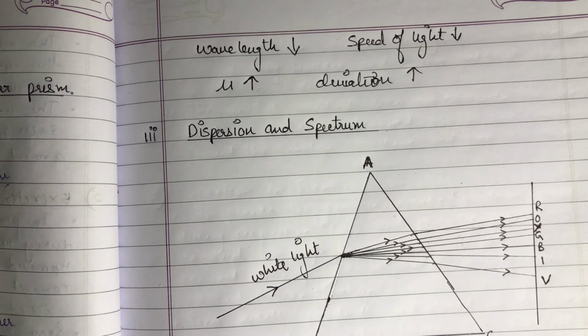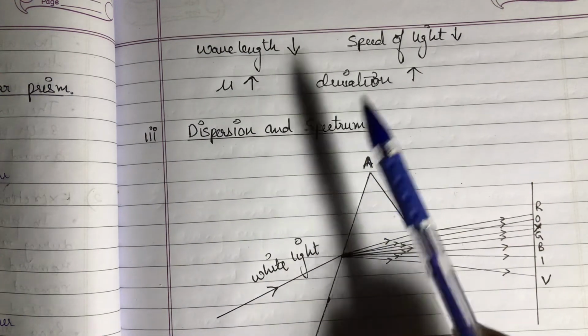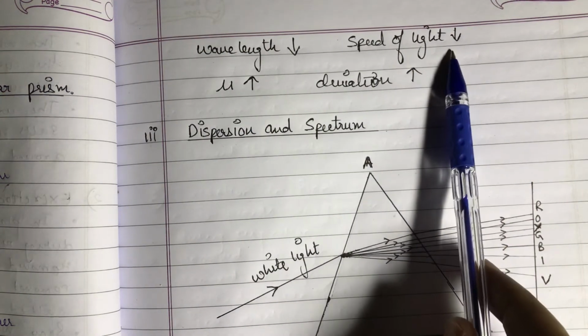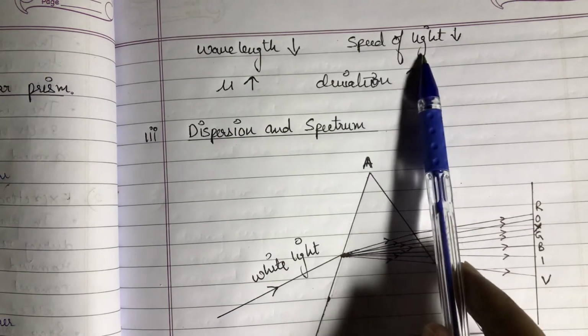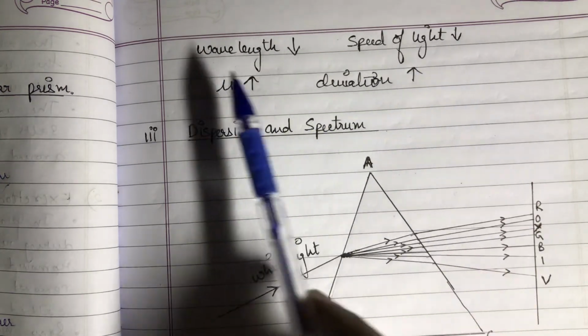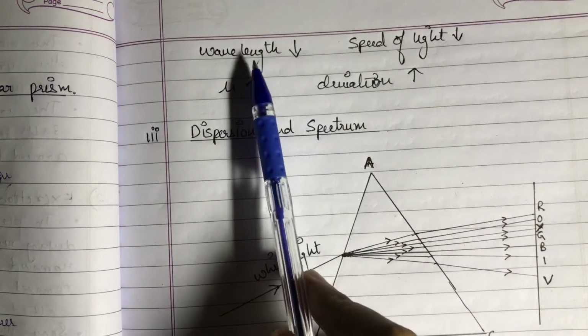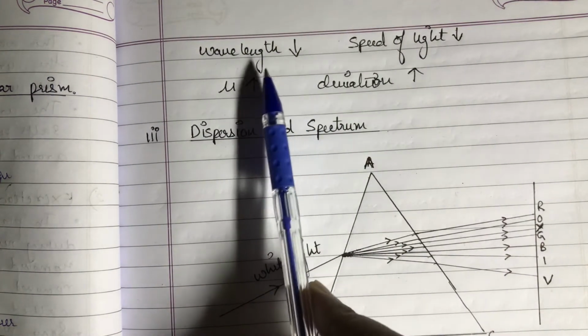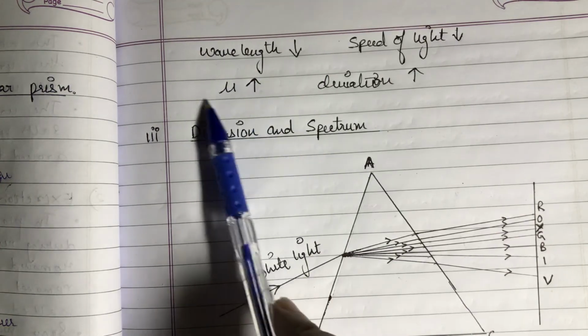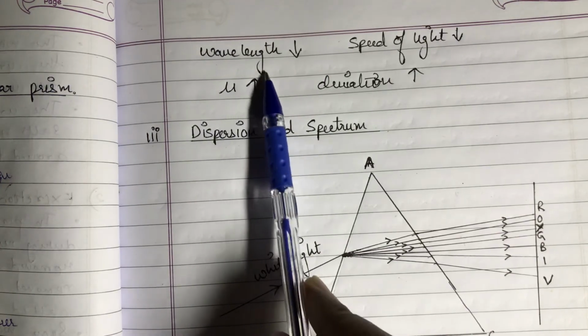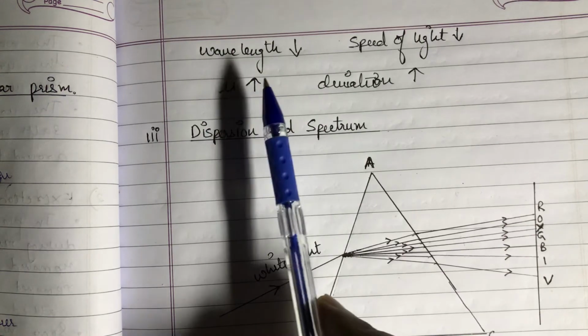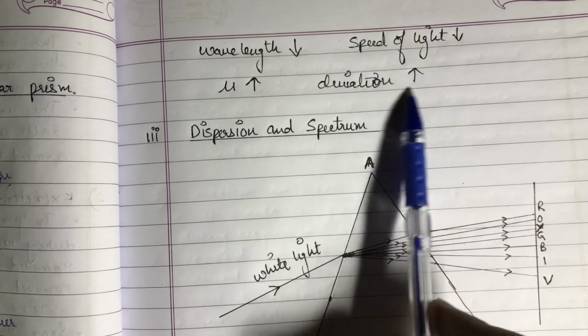The speed of light in a transparent medium decreases, which means its wavelength will decrease. We know that if the wavelength decreases, then the refractive index mu will increase. The more the refractive index mu, the more the deviation.